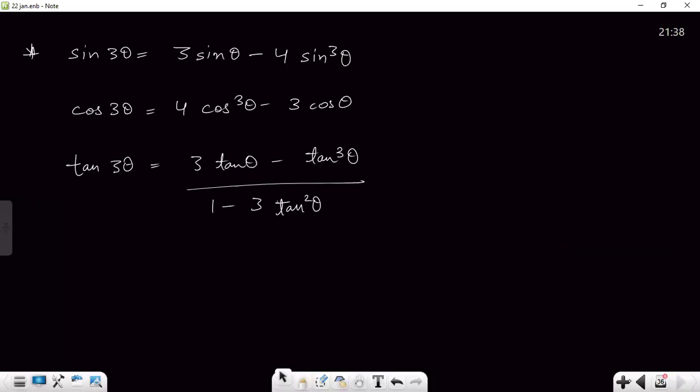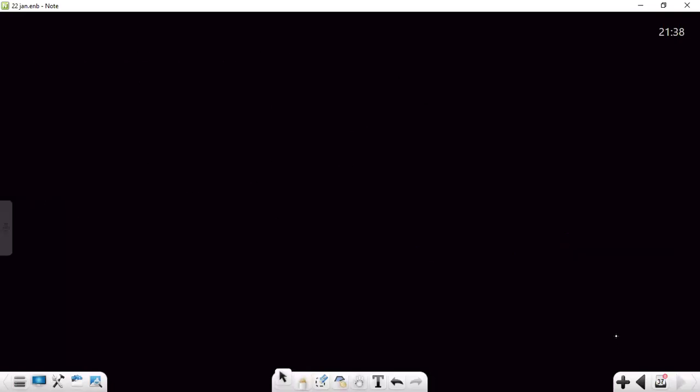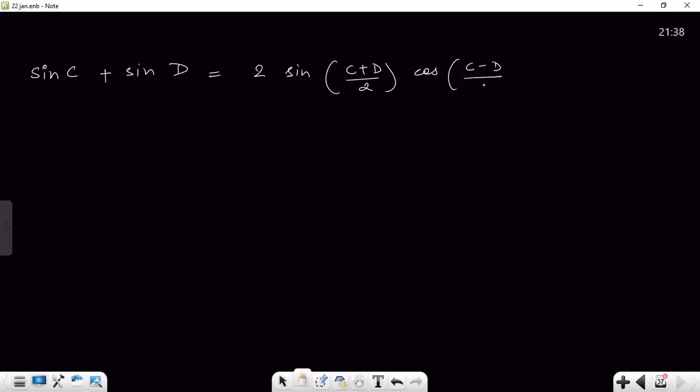Now let's discuss the C-D formulas. What are they? Basically, sine C plus sine D means 2 sine of (C plus D) divided by 2 into cos of (C minus D) divided by 2.